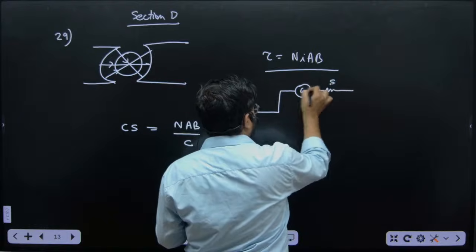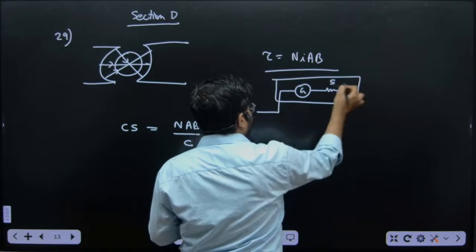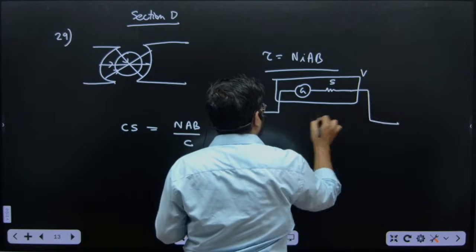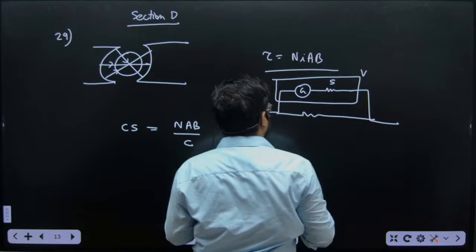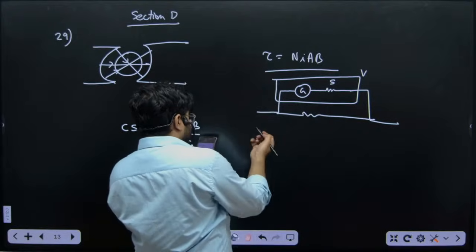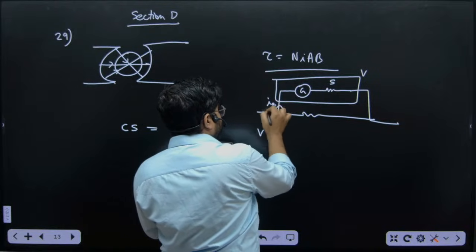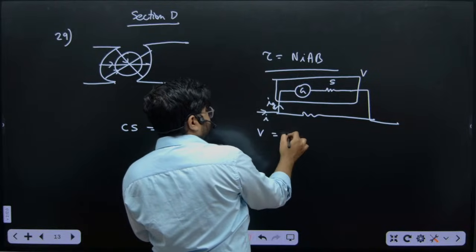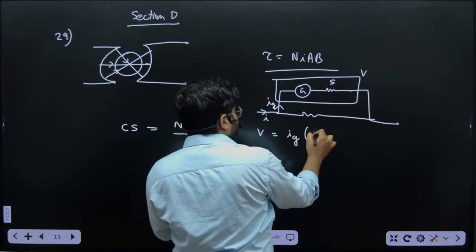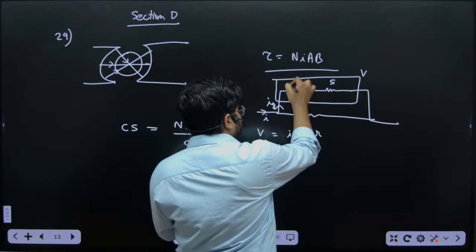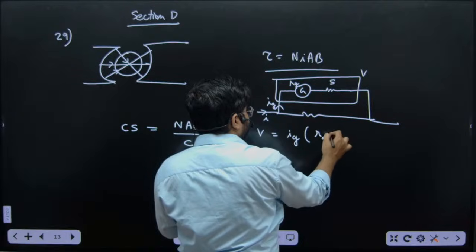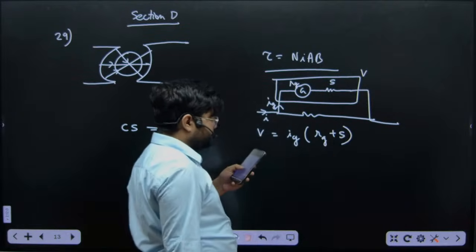A series resistance needs to be connected, and this is the voltmeter now, right? And it is used to measure potential. So for voltmeter V, the formula here is Ig into resistance of galvanometer plus series resistance. This is the formula for conversion into voltmeter.